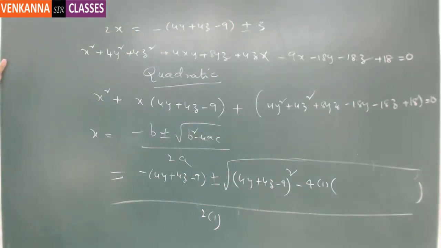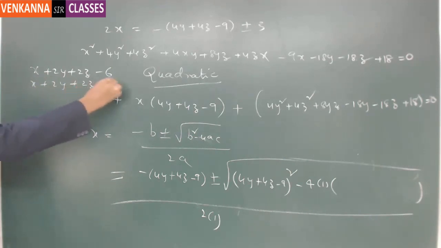The entire square root part, all the terms will get cancelled, and you will simply get a constant there. So if you simplify those things, you will get the equation as x plus 2y plus 2z minus 6, that is one plane equation, and the other one is x plus 2y plus 2z minus 3.